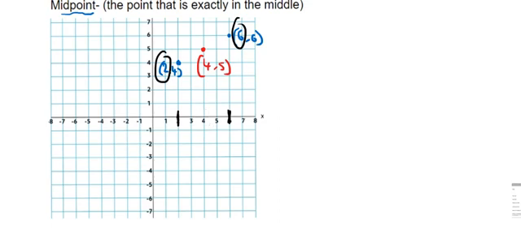An easy way to find the number that is exactly in the middle of two numbers is if you add them together and divide by 2. So if I do 2 plus 6 and then divide that by 2, that will find the number that is exactly in the middle of 2 and 6, even if it's a fraction or whatever, or if there's minus numbers in it. So 2 plus 6 is 8, divided by 2 is 4, so I'm getting what I got here.